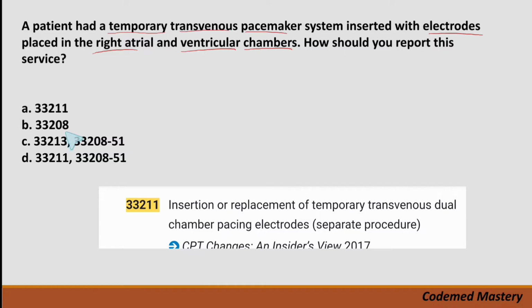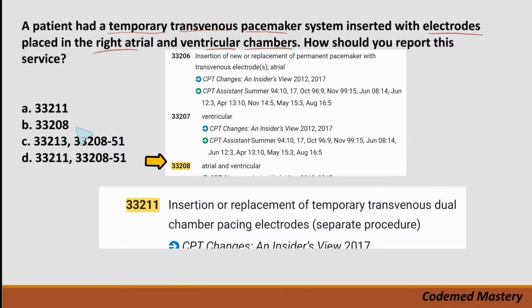Let us check other options also. 33208 is for insertion of new or replacement of permanent pacemaker with transvenous electrodes, atrial and ventricular. But this code is for permanent pacemaker. In our question they have mentioned temporary transvenous pacemaker system. So we cannot code the code for permanent.